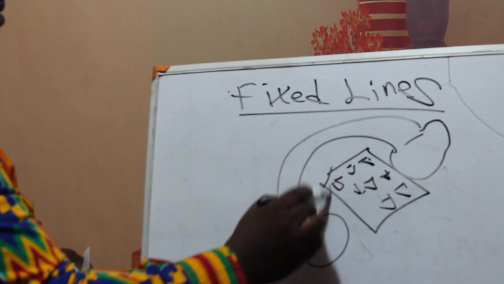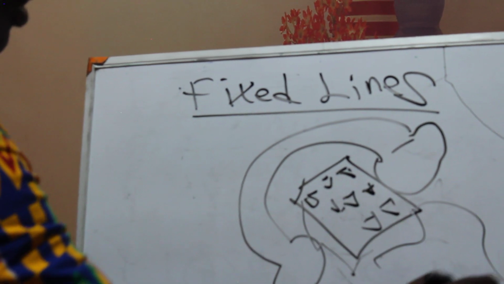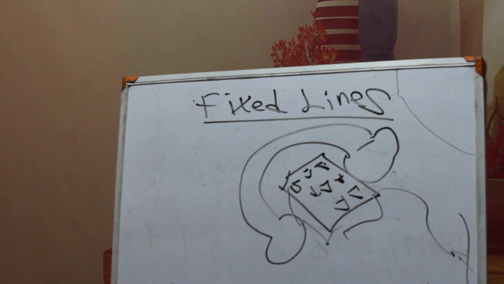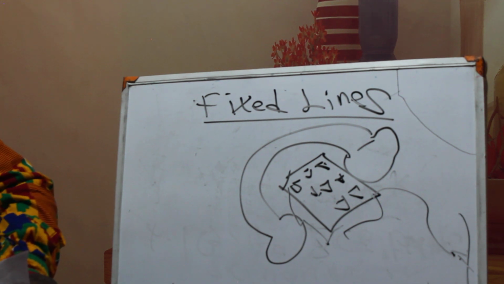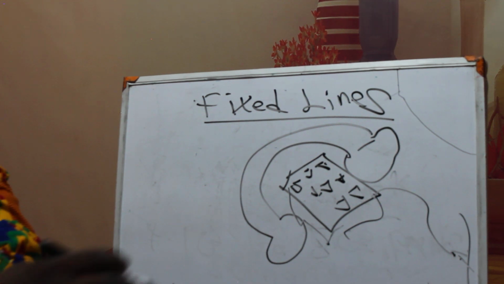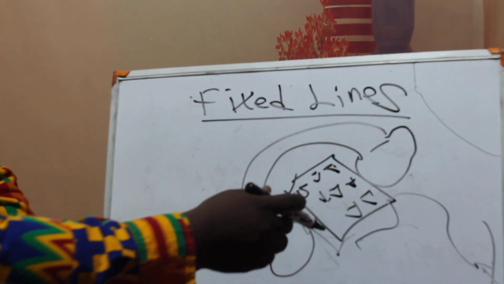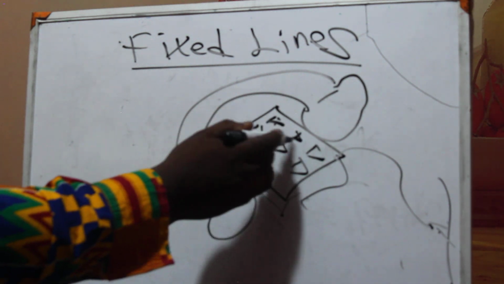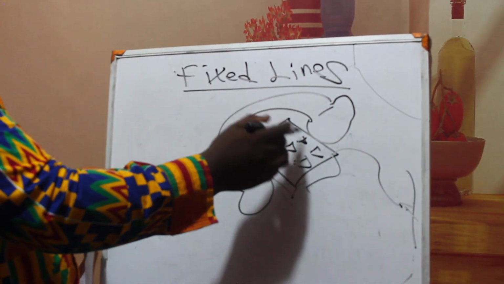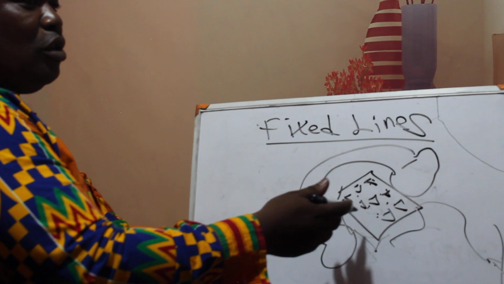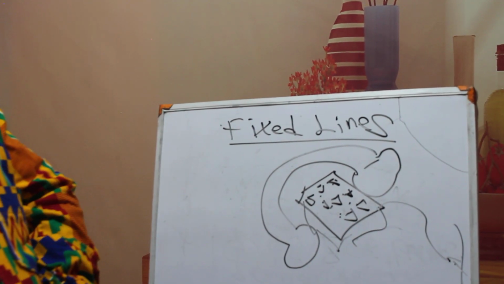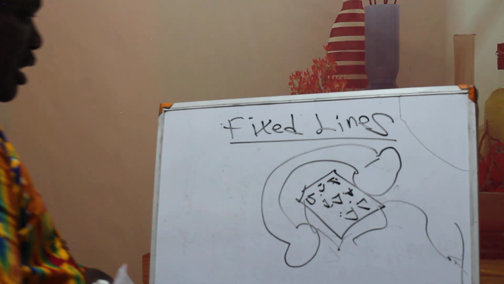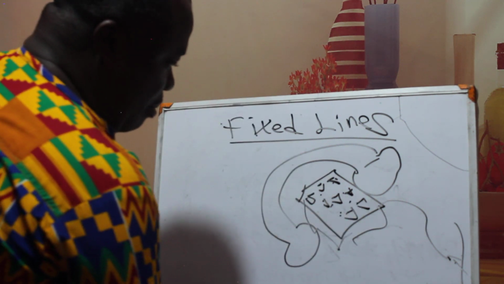We had this fixed line network, or this fixed telephone network, with numbers written on them. So if you want to dial somebody, you just hit those numbers, then you pick the handset, and then you get your dialing tone, or ringing tone, and then you call the person. So this was what we were using before GSM came.